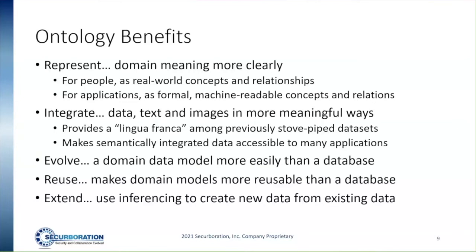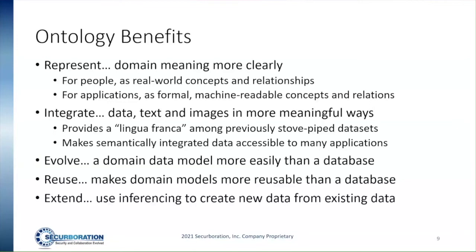A second benefit is that an ontology provides a semantic framework that can be used to integrate heterogeneous stovepipe data. Ontologies are, to use a fancy word, a kind of lingua franca among domain data sources. So the ontology can serve as a common reference model to which legacy data can be mapped and interconnected.